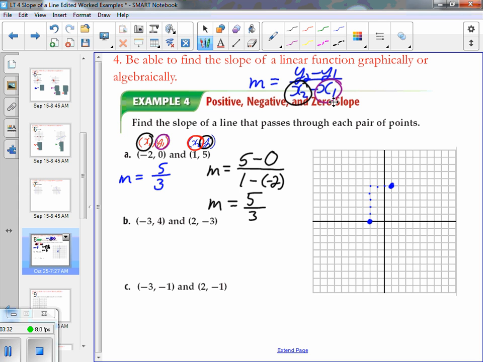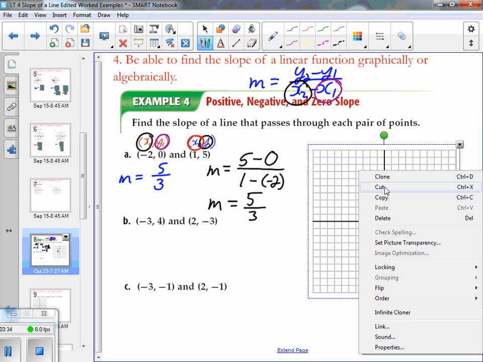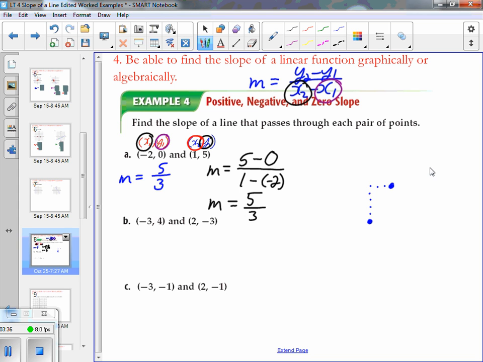All right, so I'm going to get rid of that. And on part B, let's use the formula. So M equals. Here's our formula. Y2. Remember, the first point is x1, y1. The second one is x2, y2.